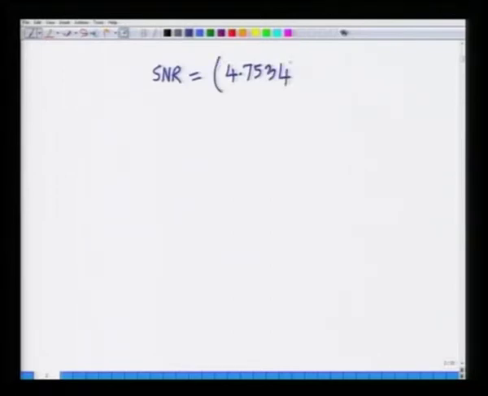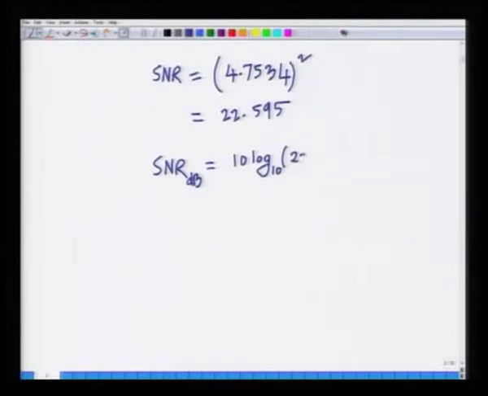Hence, the SNR is the square of 4.7534, which is 22.595, and the SNR in dB is 10 log 10 of 22.595, and this value is 13.6 dB.